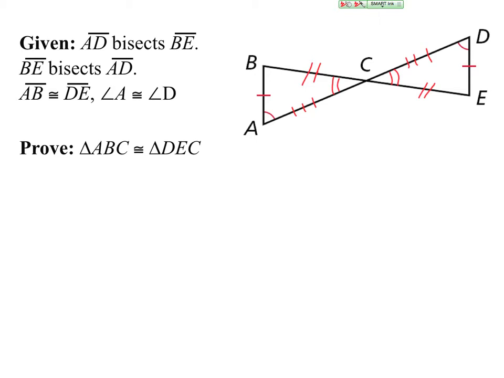There's a theorem we did yesterday that will help us. We have two triangles. There's two angles in one triangle congruent to the same two angles in the other triangle. Pretty sure it was yesterday.